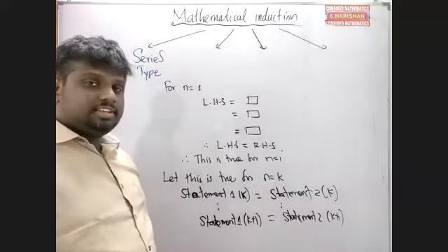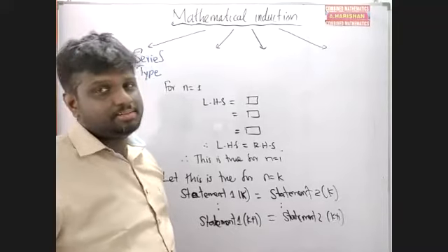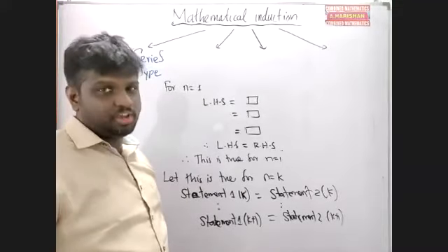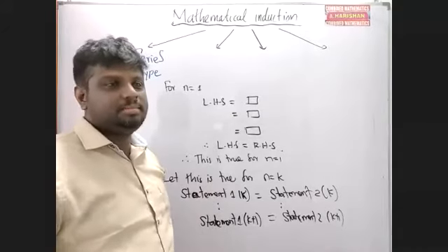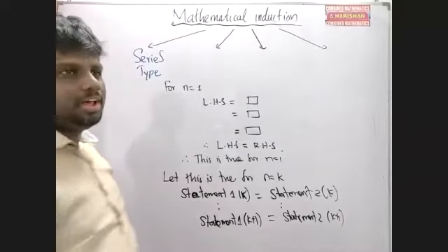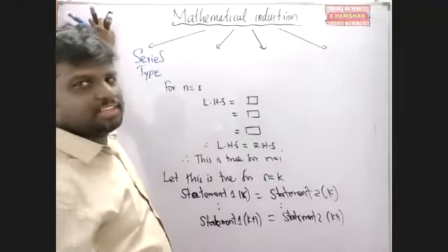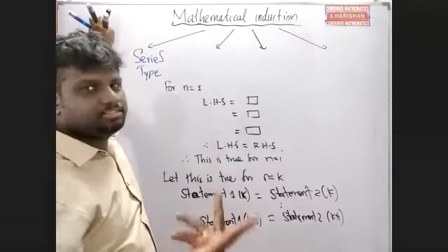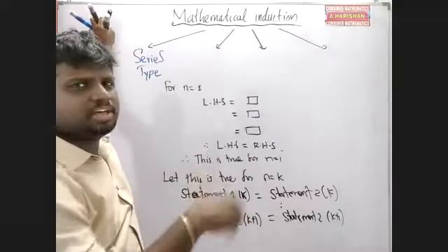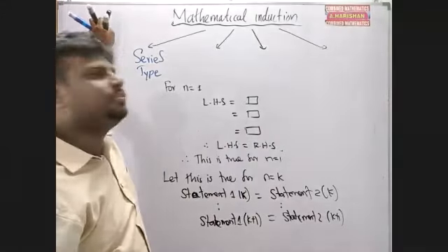Otherwise, if you learn mathematical induction before series, then you have to teach the series, what is the meaning of sigma, what is the next term, how we are adding. So rather than struggling there, it is better to learn the series, then mathematical induction. So if I say sigma r square equals n by 6 into n plus 1 into 2n plus 1, then you won't worry about that.